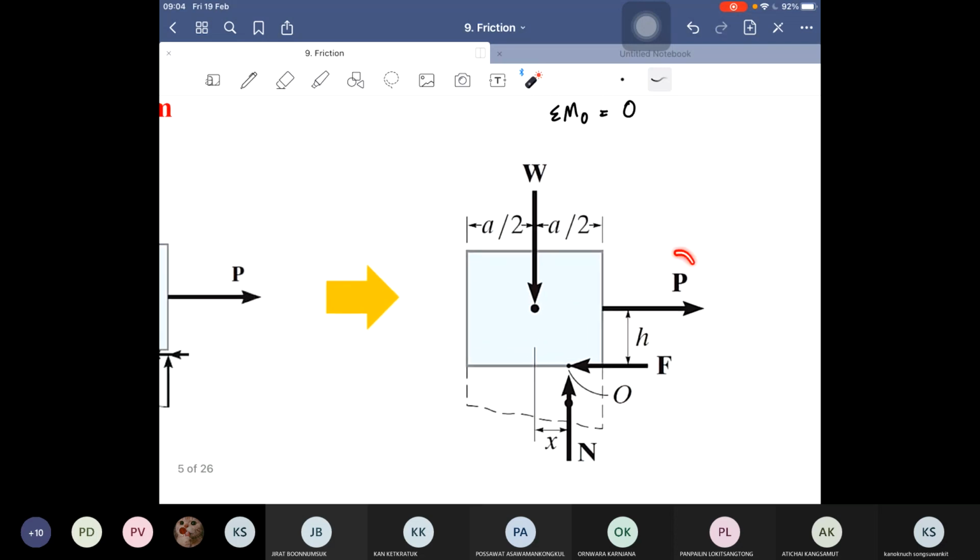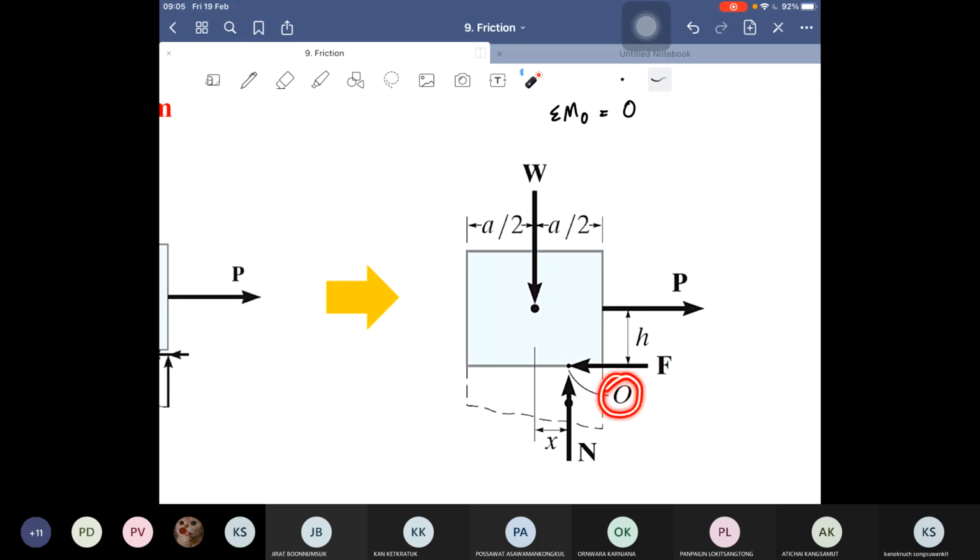When we exert the force P on this box, the box tends to rotate using this area as a pivot. So you can choose this point too, right? But if you choose this point, there are 3 moments that you have to consider. It's like too much. So I will use this point.